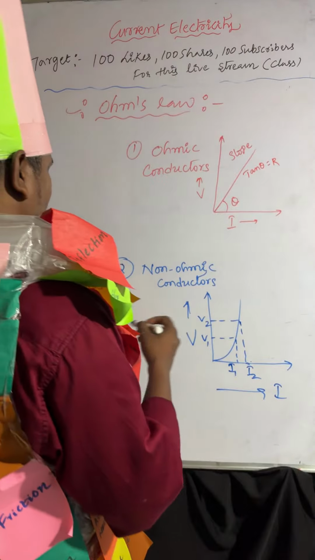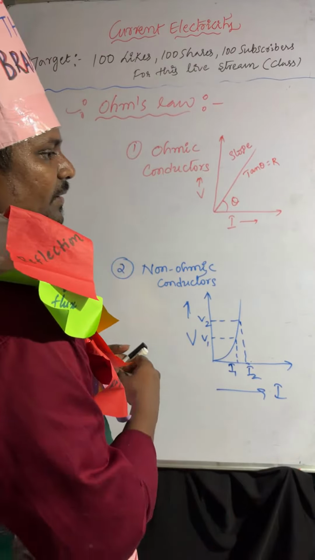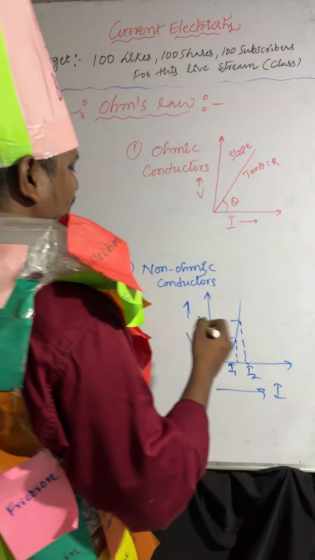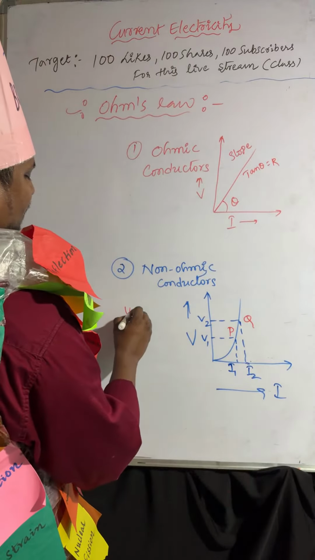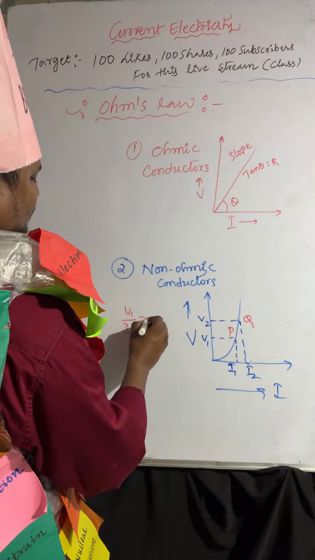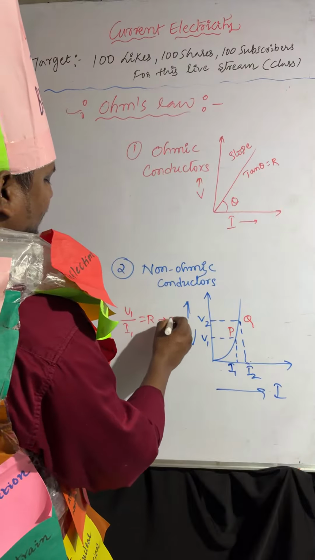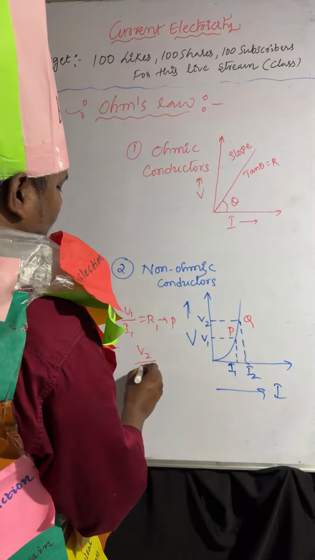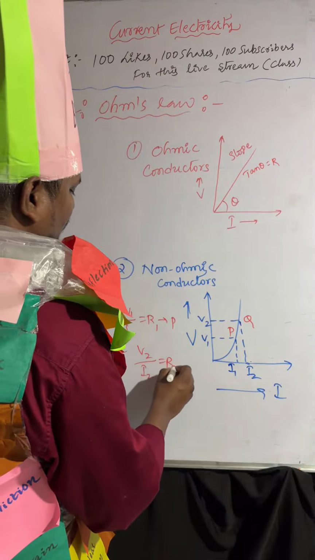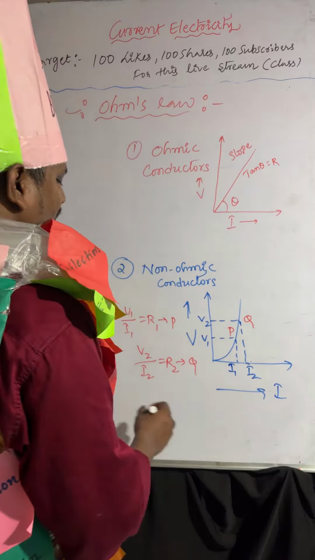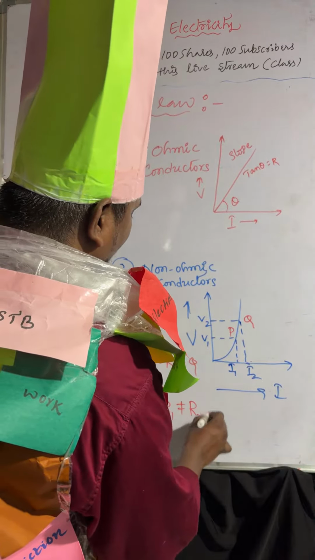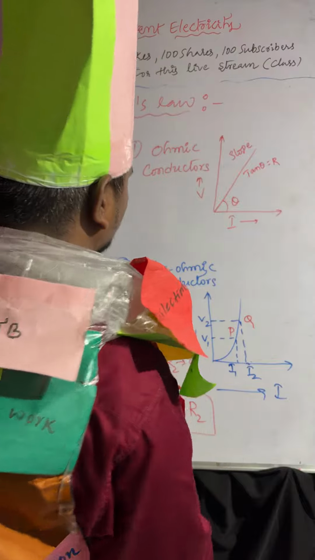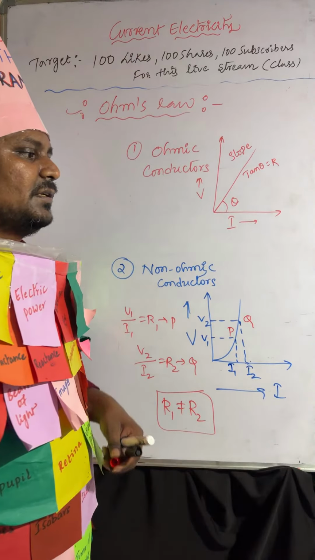Okay, so you can see P, P, Q. V1 by I1 equal to R1, that is at P. V2 by I2 equal to R2, that is at Q. But R1 is not equal to R2 for non-ohmic conductors, non-ohmic resistors.